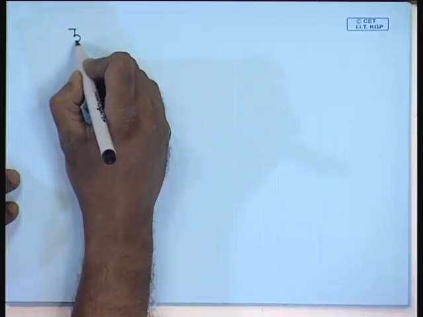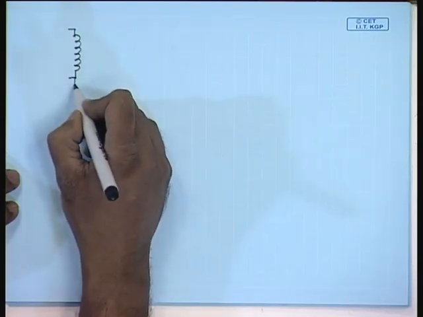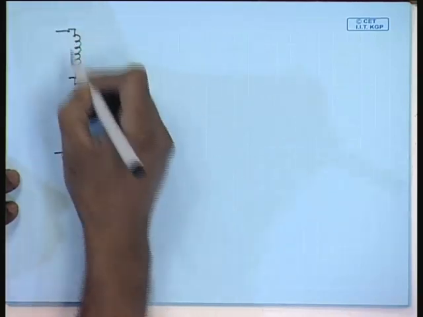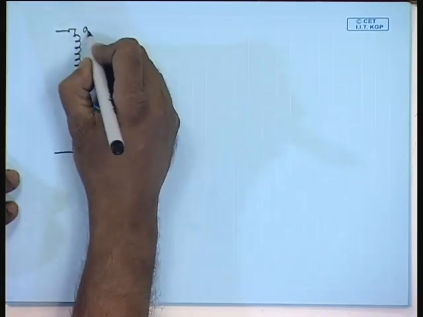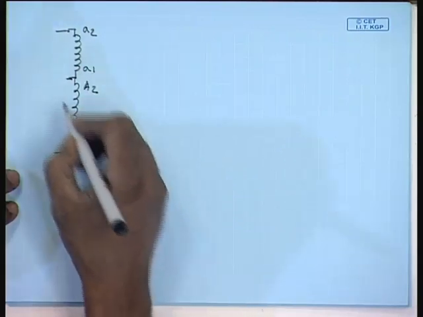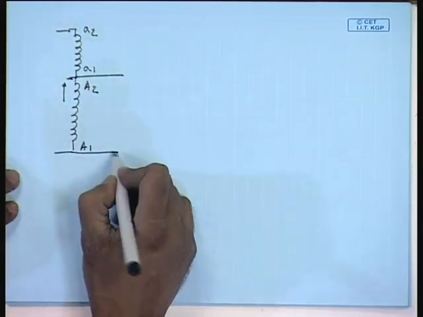There is another connection possible, where the section A2 A1 is connected on the top and the section capital A2 A1 is connected on the bottom. In this, that is here A2 A1 and here A2 A1. The output is taken across the high voltage winding.